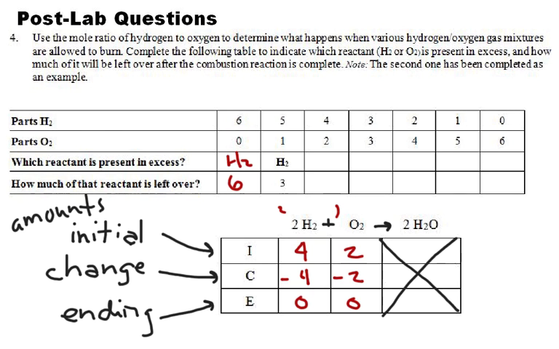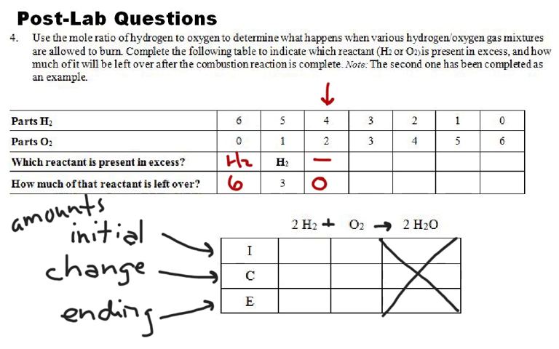So in this case there's going to be nothing left over, and so it would make sense to say there's nobody in excess. So let me erase my extra things here. And again, we'll say nothing is in excess and nothing is left over. So this is going to be the situation where we get the maximum reaction because nothing's left over.